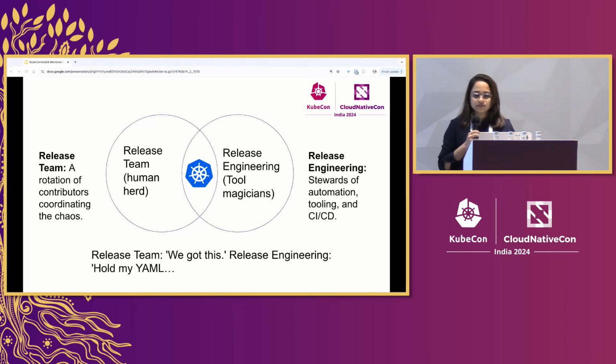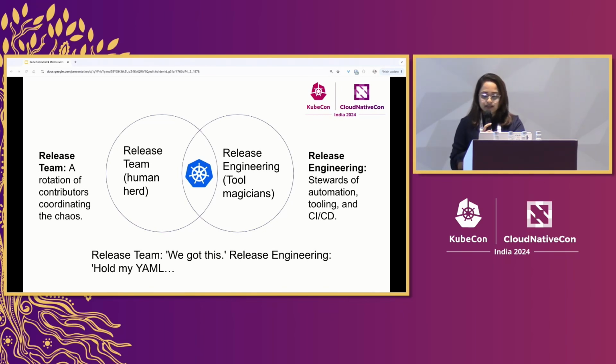Briefly, the Kubernetes release team is a rotating group of community volunteers who plan, execute, and communicate the entire release. They are the wranglers. They make sure each timeline is met and no one runs off into the sunset with a half-baked feature. It's full-featured, it works, it doesn't break.